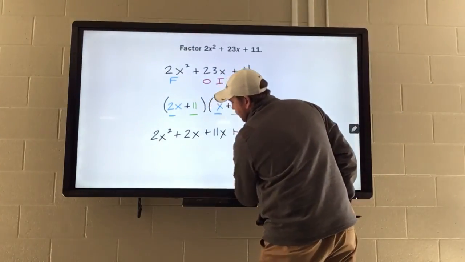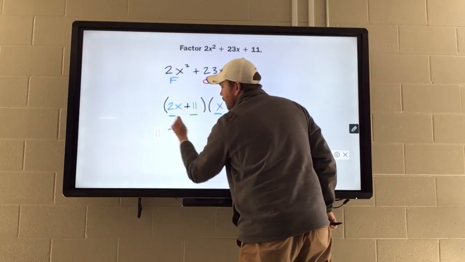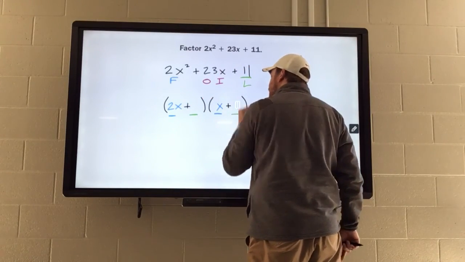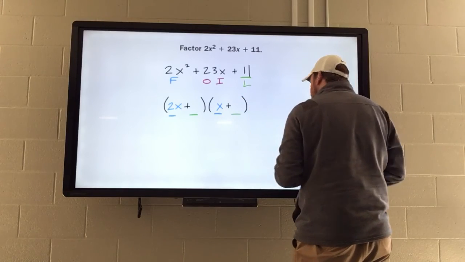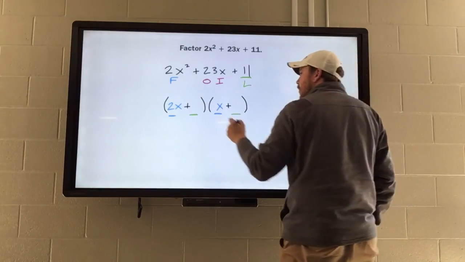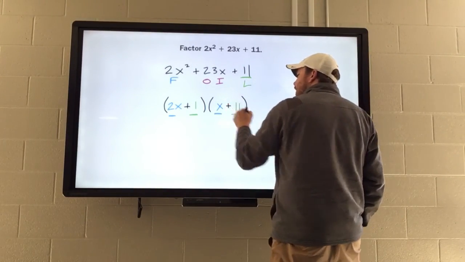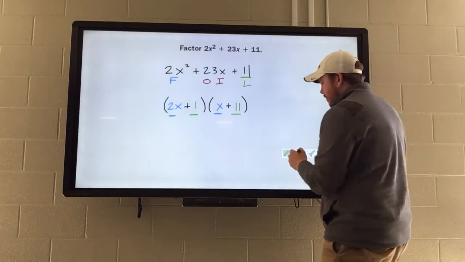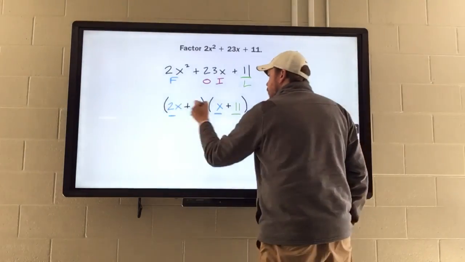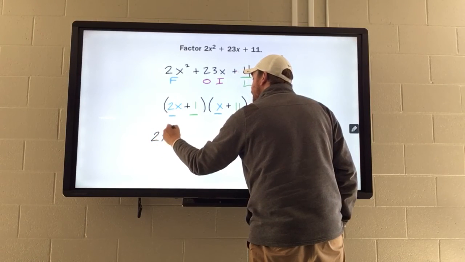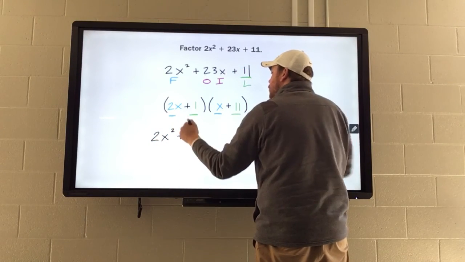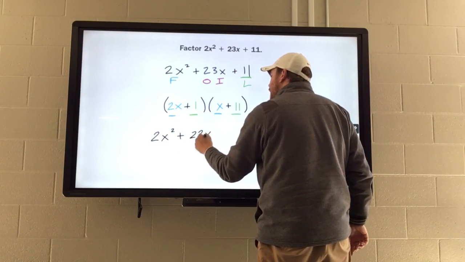So, let's move some things around. Let's try moving the green numbers. This time we're going to do 1 here and 11 here. It's a guess. Now let's check. 2x times x is 2x squared. Plus outside, 2x times 11 is 22x.